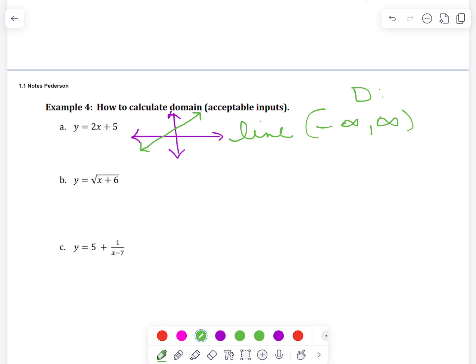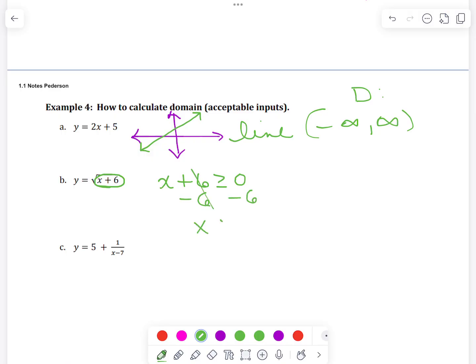The problem with the next one is we can't substitute any numbers in for x that's going to cause that square root to have a negative number. So we want that x plus 6 to always be a number greater than or equal to 0. So what we do is we set that radical value greater than or equal to 0 and then solve it for x. So I'm going to go ahead and then subtract 6 from both sides.